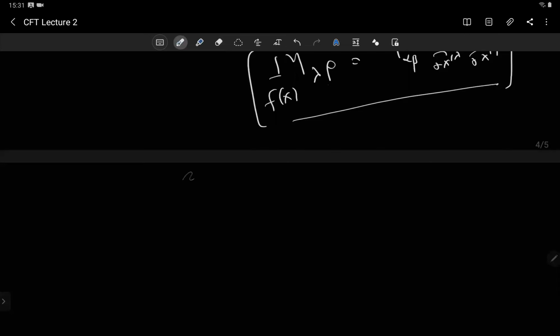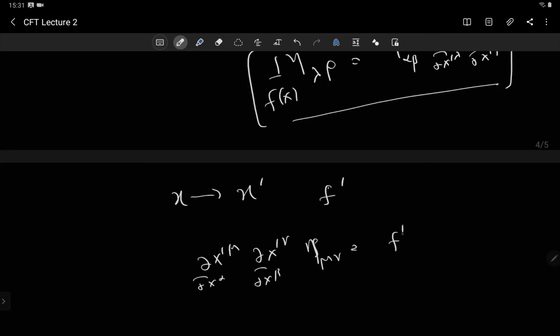So you do one transformation from x to x prime, and let's say there's a corresponding factor which is f prime. That means del x prime mu del x alpha times del x prime nu del x beta eta mu nu is equal to f prime times eta alpha beta. So this is transformation 1.